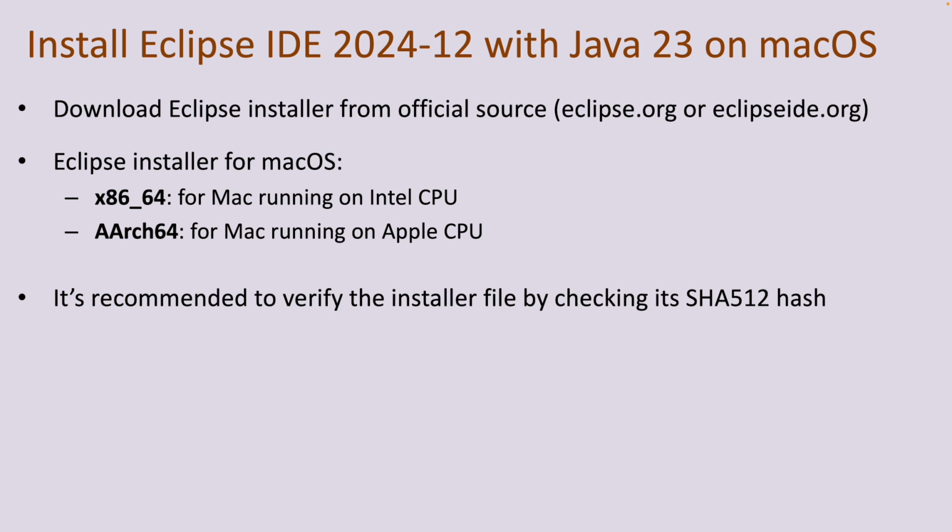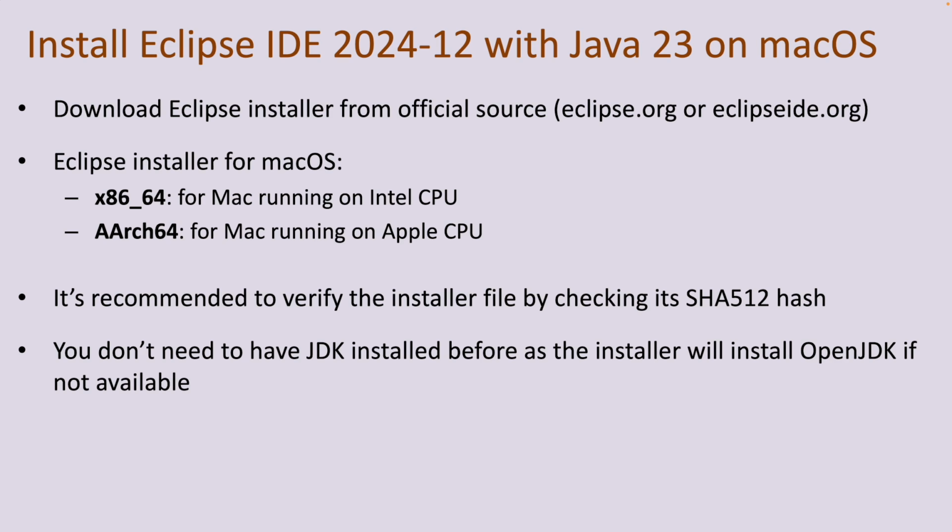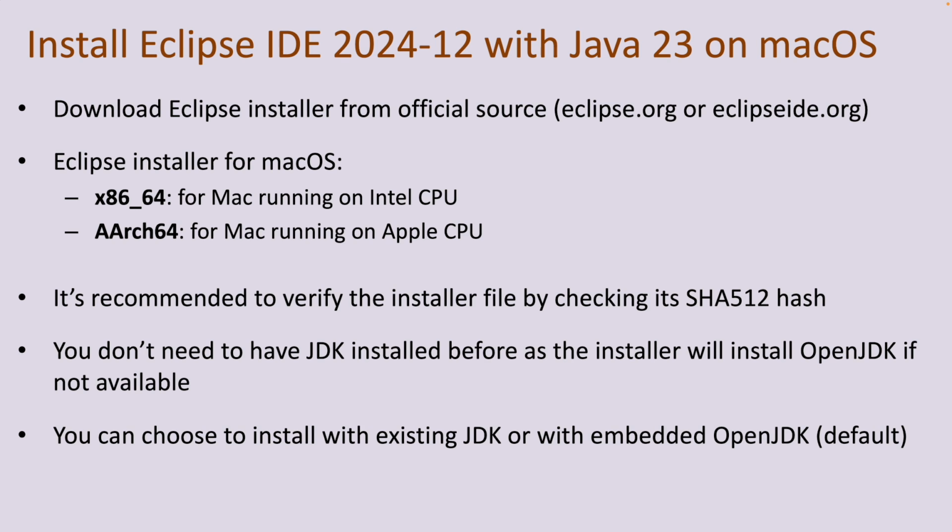And it's also recommended to verify the installer file by checking its SHA-512 hash. And you don't need to have JDK, Java Development Kit, installed before, as the installer will install OpenJDK if not available. You can choose to install with an existing JDK or with an embedded OpenJDK, which is the default.